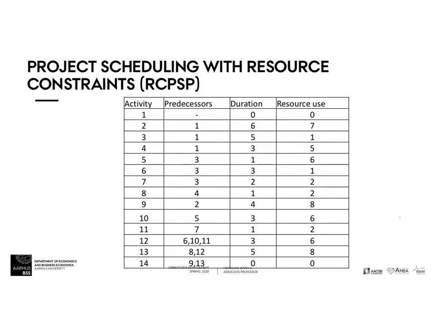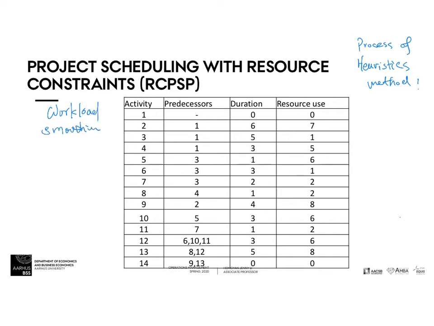So we use a case to show you the process of the heuristics method. Here we have the example of the project scheduling problem with resource constraints. In the textbook, this type of problem is also named workload smoothing.